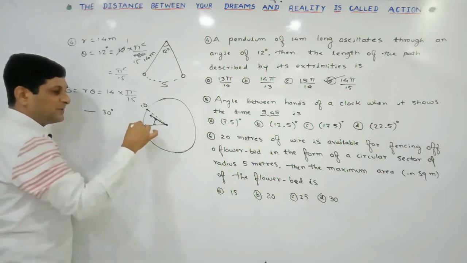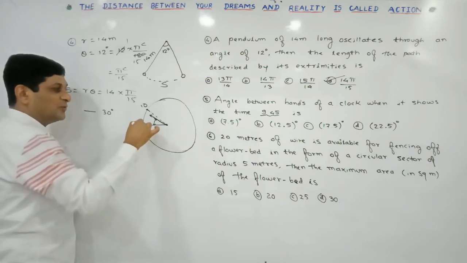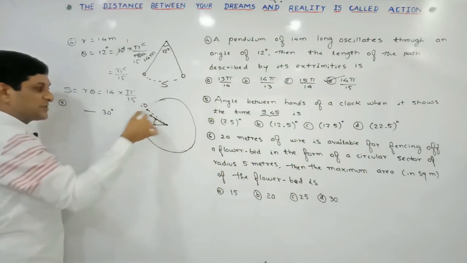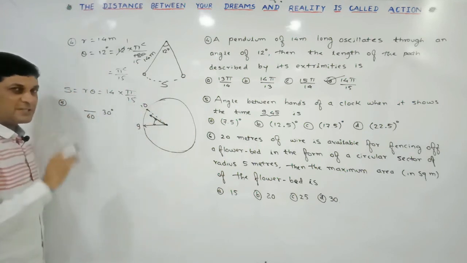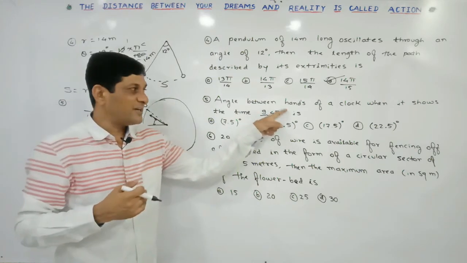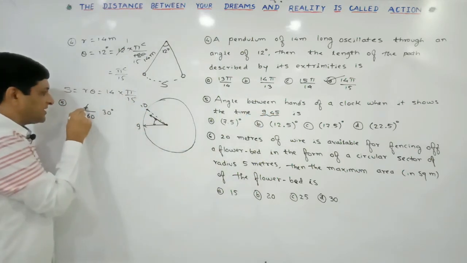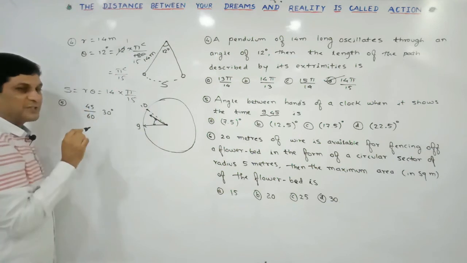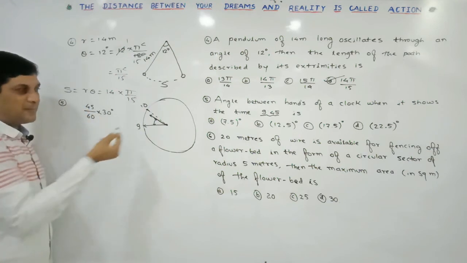How much time is required for the hour hand to move from 9 to 10? 60 minutes. Out of these 60 minutes, how many minutes are already crossed by the hour hand? 45 minutes. Means 45 upon 60 of 30 will be our required angle.